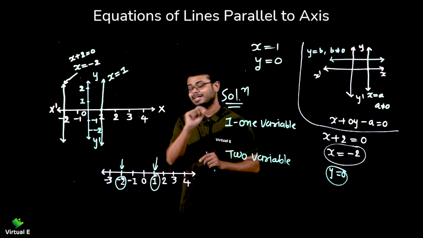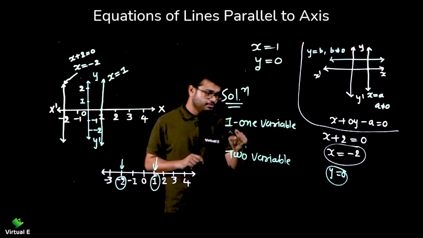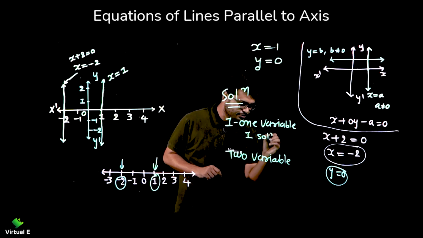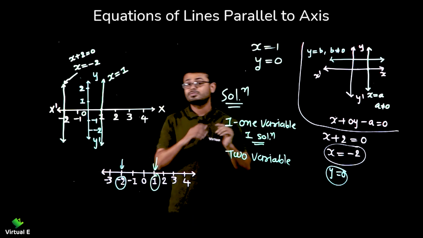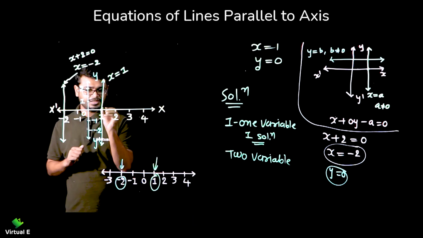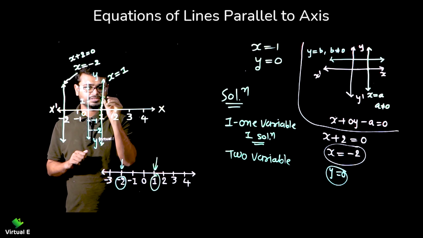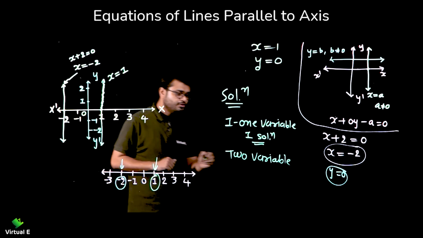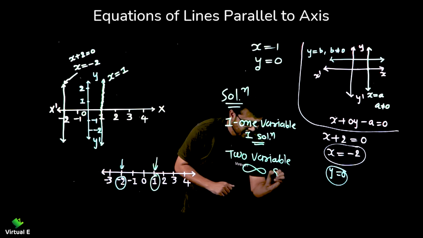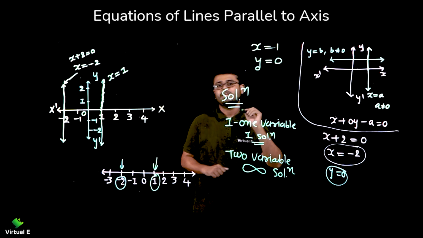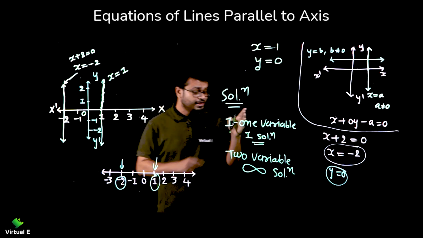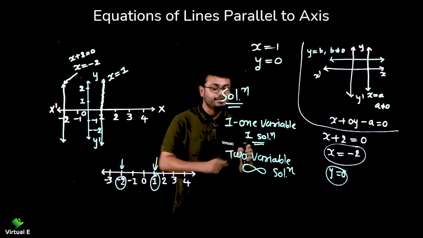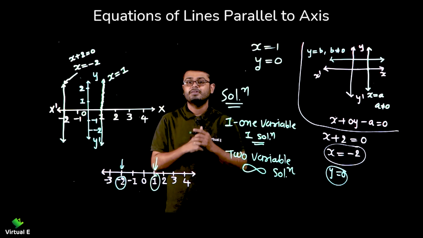Remember, we get exactly one solution. But when we have two variables, you can see over here that we are getting so many points, an infinite number of points. So in that case, we will have infinite solutions. Remember, if it is in two variables, then we have infinite solutions, and in the case of one variable, we get only one solution.